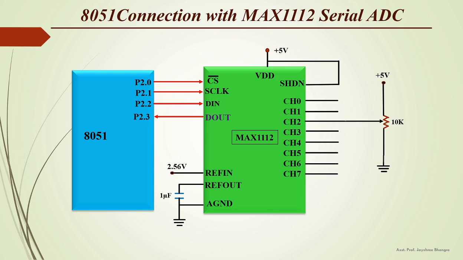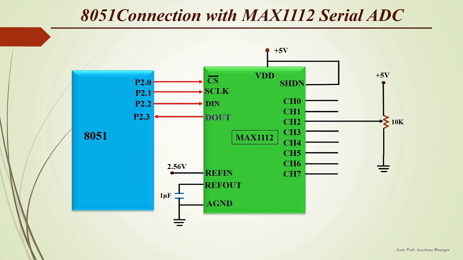So here are the 8 different input channels, and out of these we have connected channel 2 to this 10 kilo ohm pot that is connected to the plus 5 volt supply. That means we can use an input voltage from 0 to 5 volt.